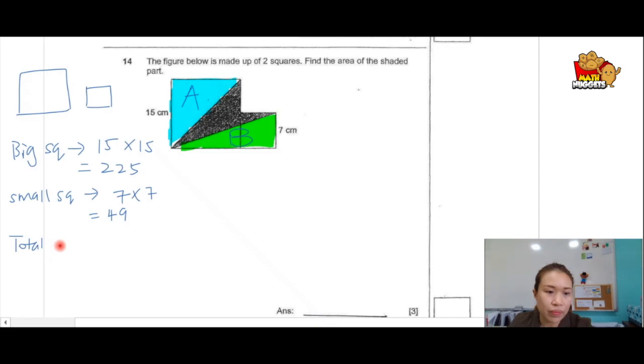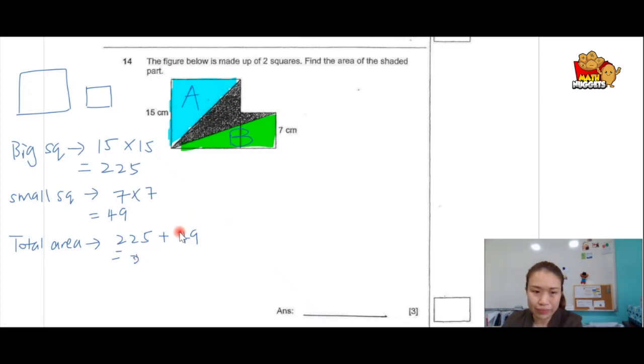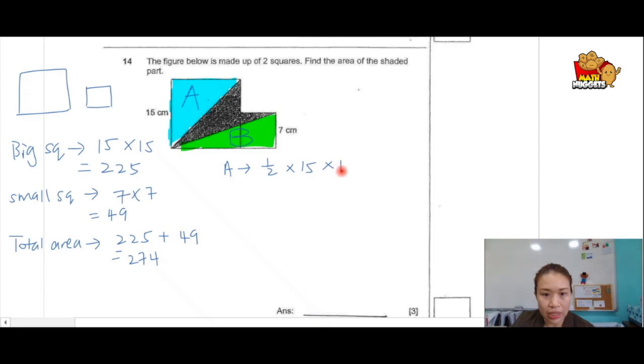So the total area of the figure, which is the big square plus the small square, 274. Next, let's find triangle A. Half times base times height. Your base will be 15 and the height is 15. 112.5.